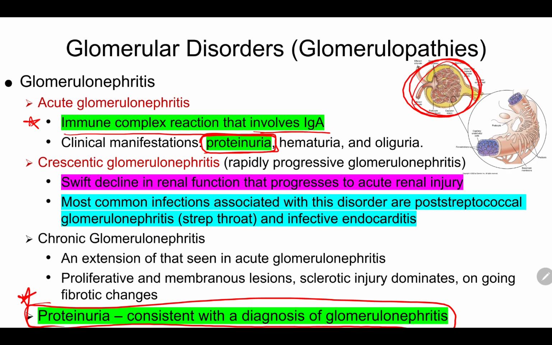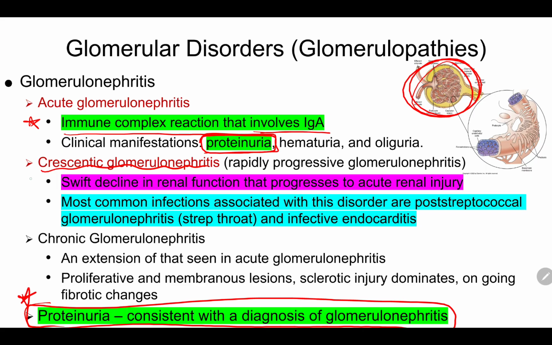And again, chronic glomerulonephritis is just an extension of what we see in acute glomerulonephritis, right? Now, when we look at crescentic glomerulonephritis, we used to call it, or we will call it, rapidly progressive glomerulonephritis.